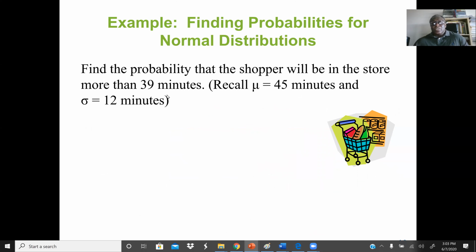So let's try this. Again, find the probability that the shopper will be in the store more than 39 minutes. Previously they gave us an interval, between 24 and 54 minutes.